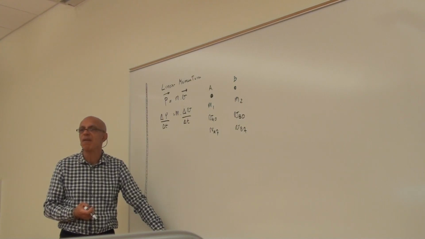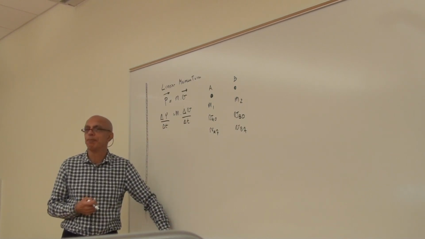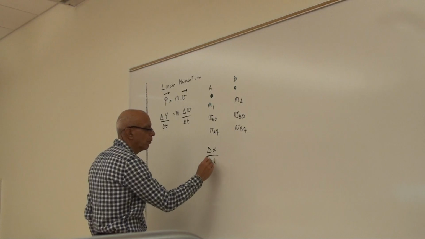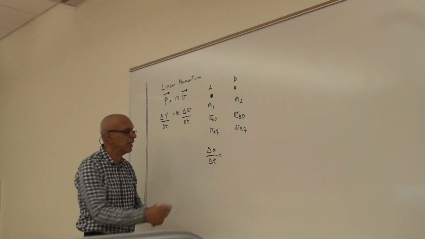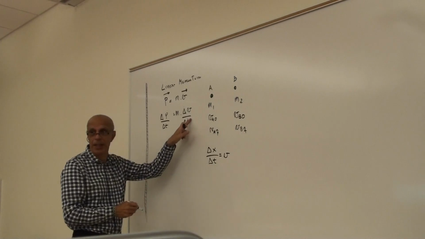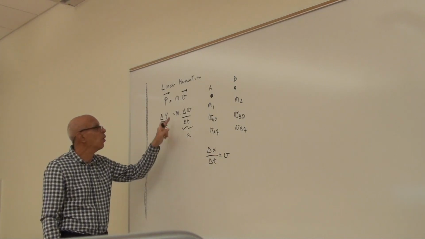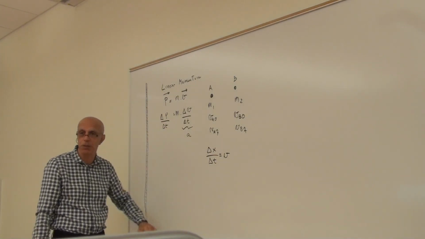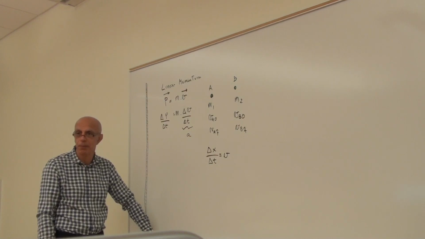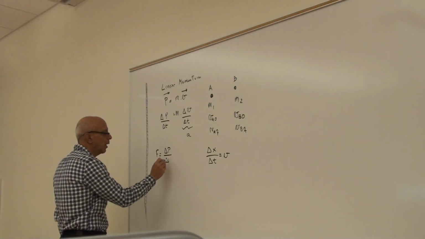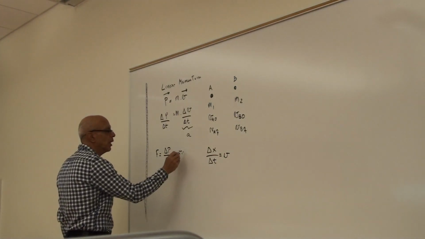The average rate of change of velocity. Delta v divided by delta t, that's acceleration. Average acceleration. Now, mass times acceleration is equal to what? Force. So force is equal to delta P divided by delta t, and this is equal to ma.